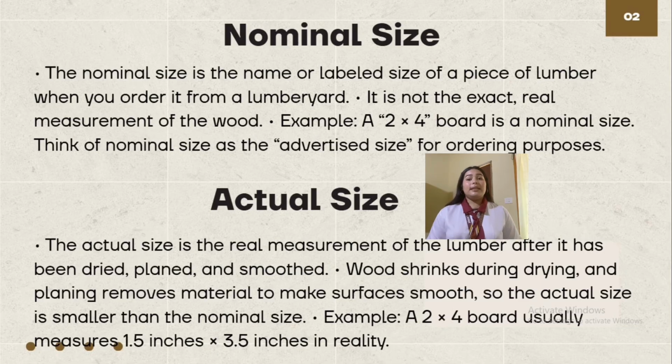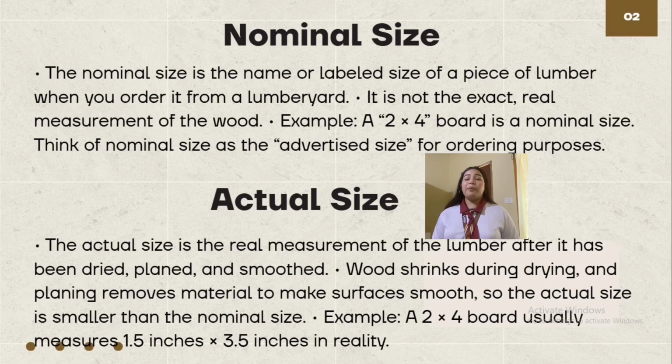Next is the actual size. This is the real measurement of the lumber after drying, planing, and smoothing the wood. Wood shrinks and loses material during this process, so the actual size is smaller than the nominal size.